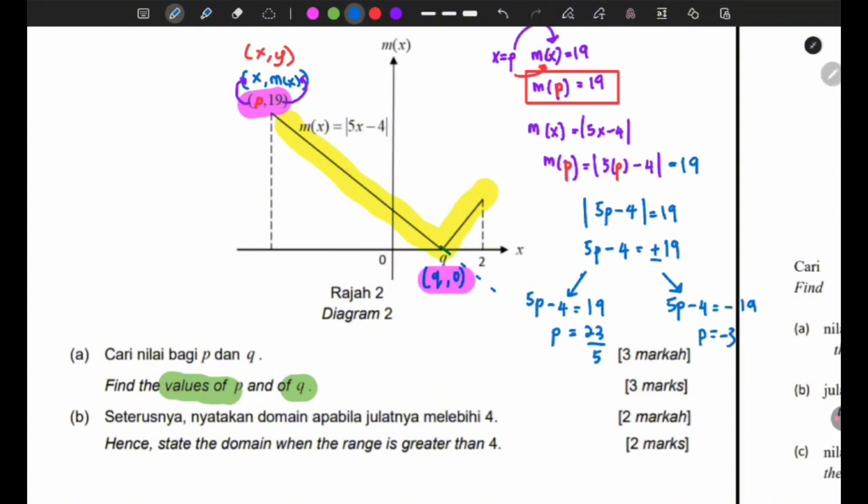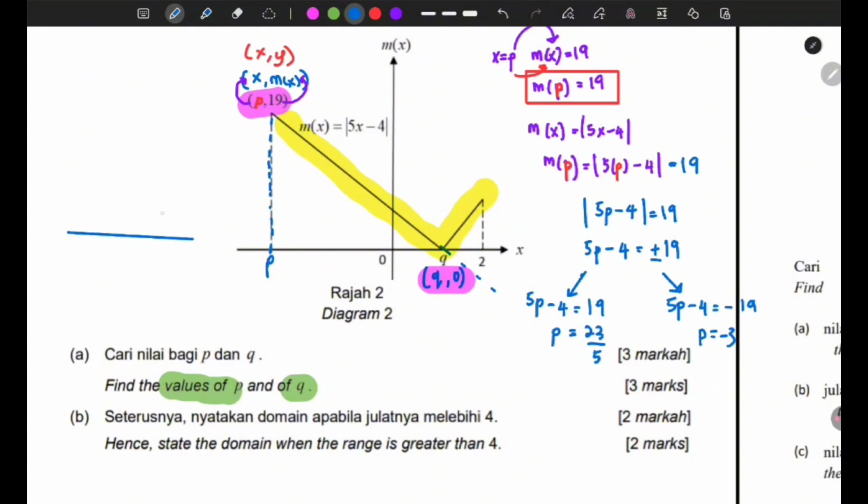So which answer should you take? There are two values, one is 23 over 5, another one is negative 3. So you have to look at where the p is. Now you see this p is actually over here, isn't it? Is it on the positive side or negative side?